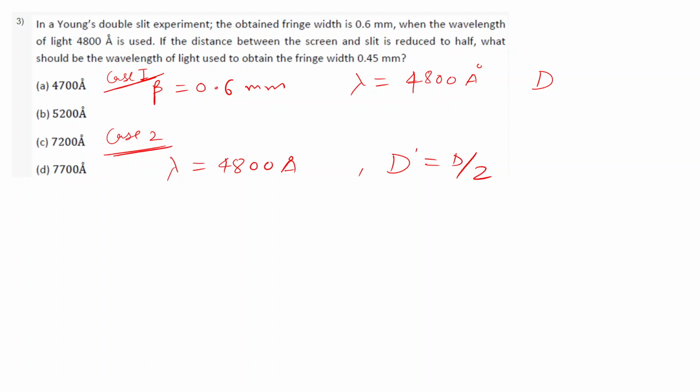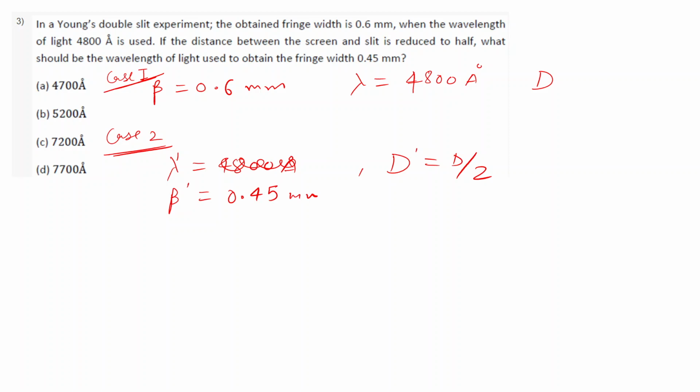And now we want to find out what should be the wavelength of light used. So the wavelength will also change here. We need to find the wavelength of light we should use to obtain a fringe width of 0.45 mm.